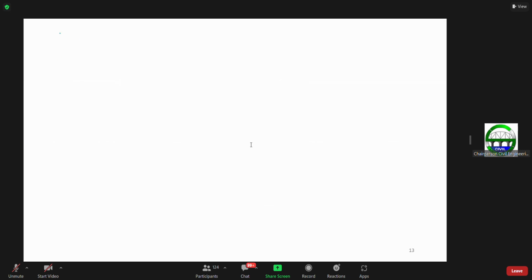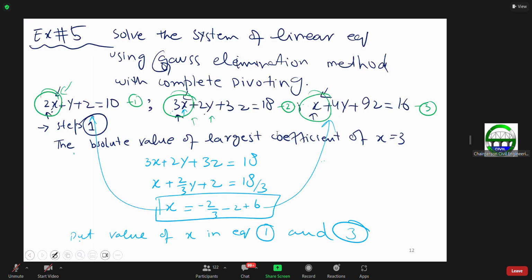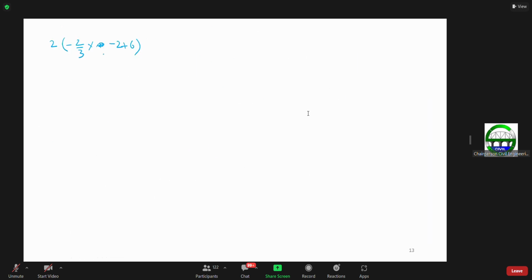Okay, let's see. Put the value of x in here. So our equation will become 2 times x, which is minus 2 by 3 y minus z plus 6, plus y plus z is equal to 10.